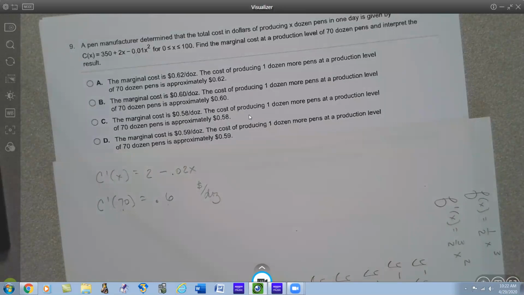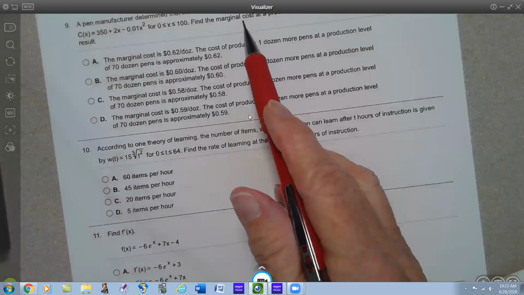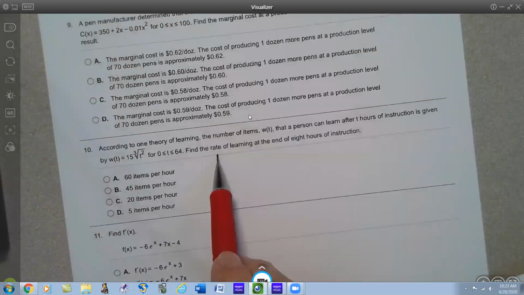In number 10, according to one theory of learning, the number of items, W of t, that a person can learn after t hours of instruction is given by this function, where t is between 0 and 64. Not only if you see the word marginal like we had earlier, but if you see rate, that means derivative as well.